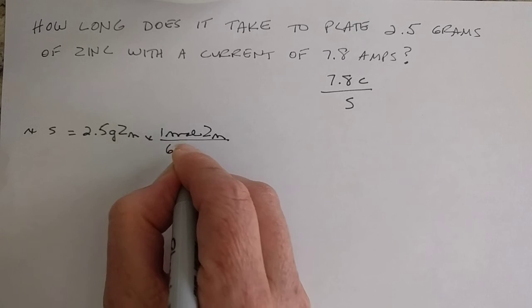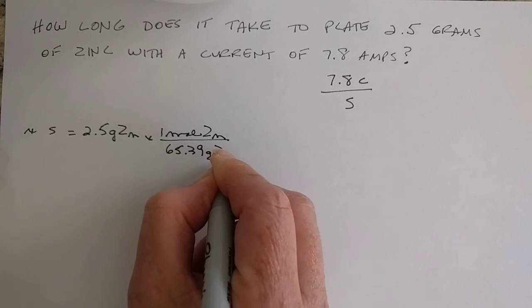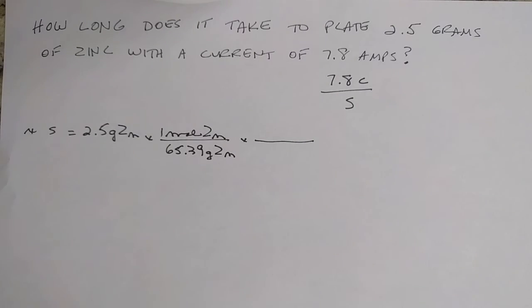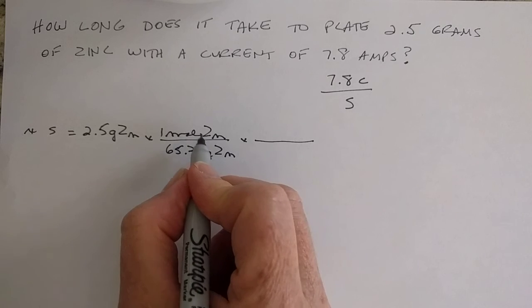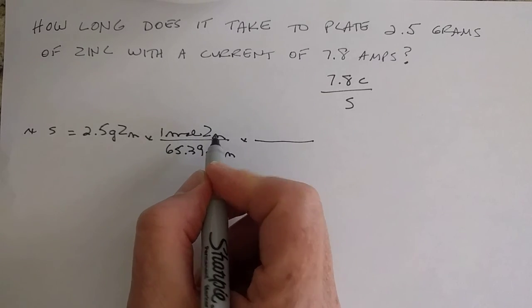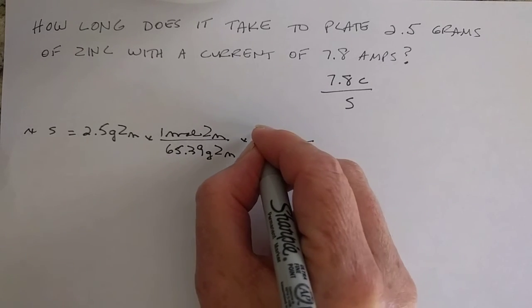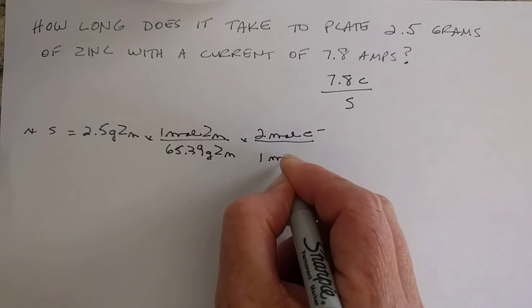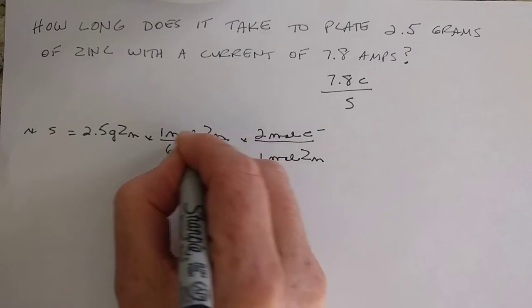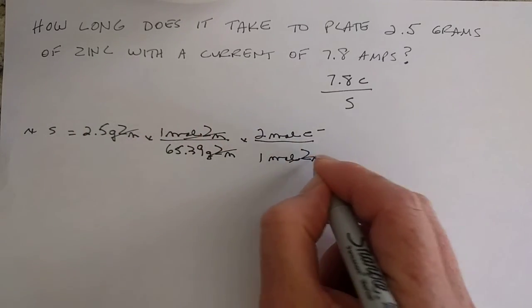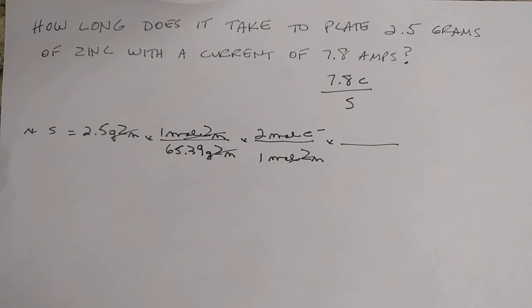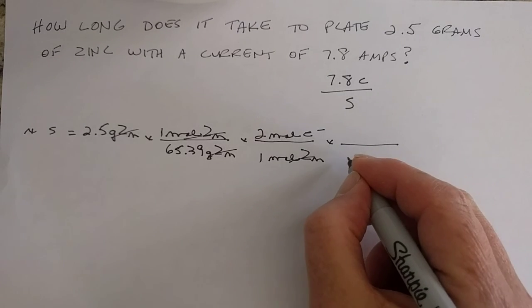65.39 grams of zinc times, now we need to get to coulombs, so if we can figure out electrons, then we can get to coulombs. So for every 1 mole of zinc that gets plated, we need 2 moles of electrons. So 2 moles of electrons for every 1 mole of zinc. Cancel out everything we can cancel out. All right, so once we get to that, now we can use our Faraday's constant conversion factor.